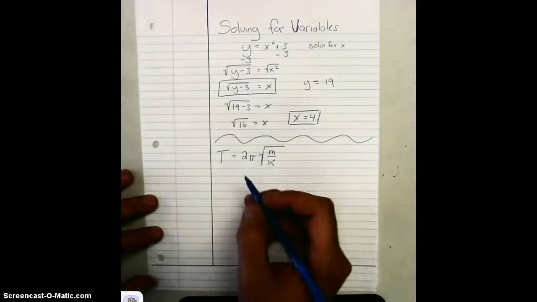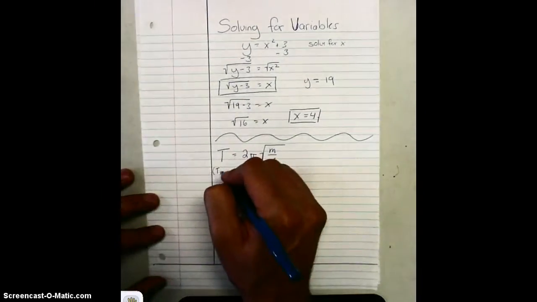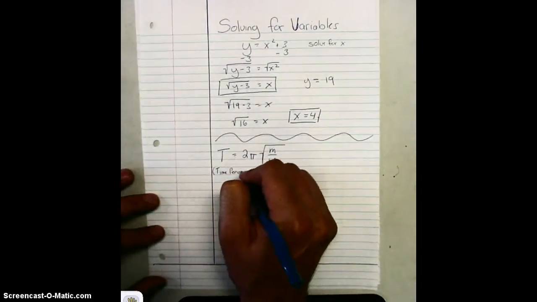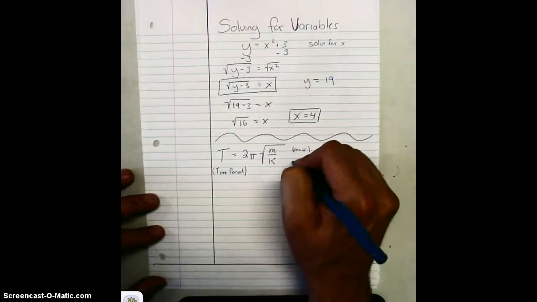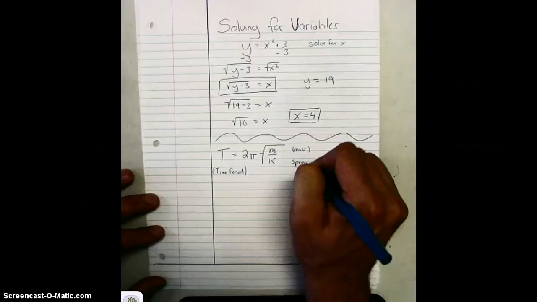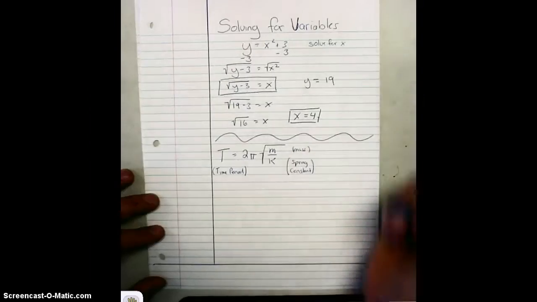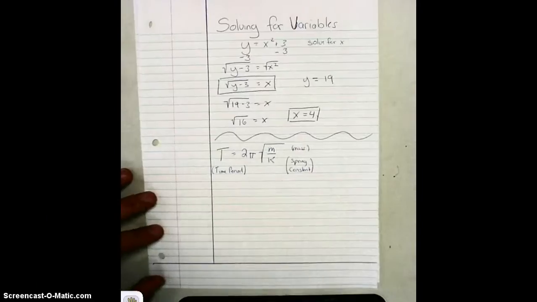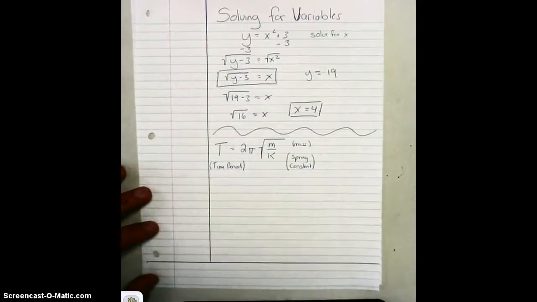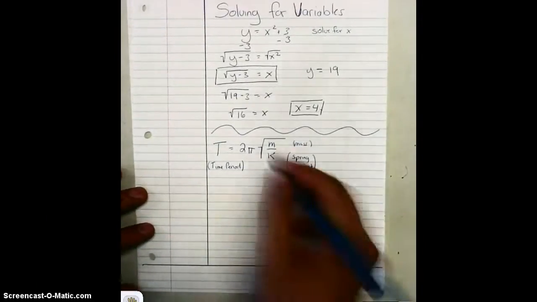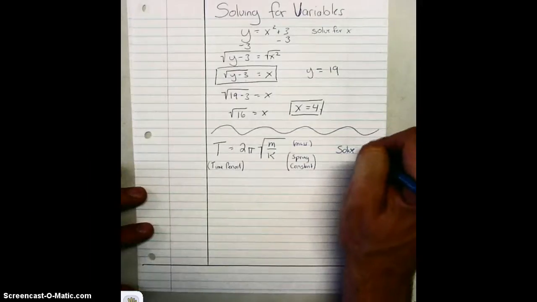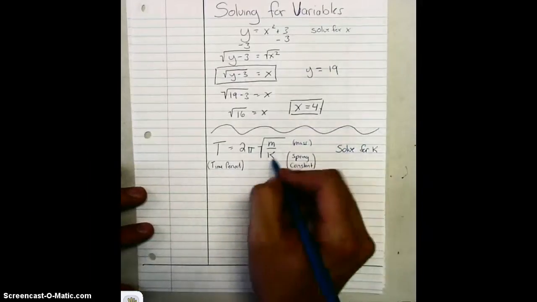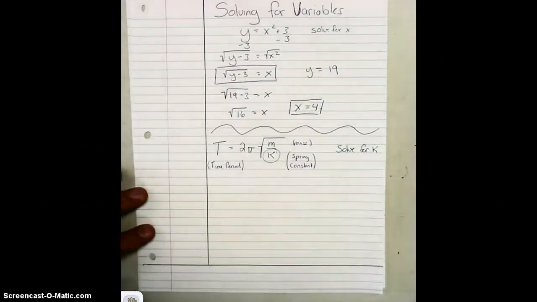T stands for time period, m stands for mass, and k stands for spring constant. I don't expect you to memorize this yet, or even to recall it right away, but this is an equation we will use in the future. So the statement is, solve for k. We need to get k by itself.